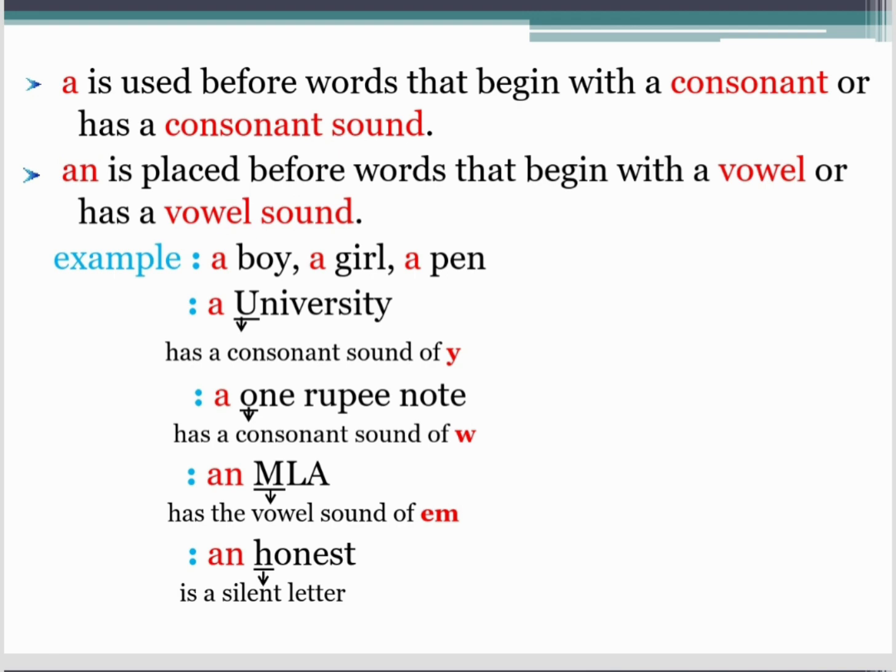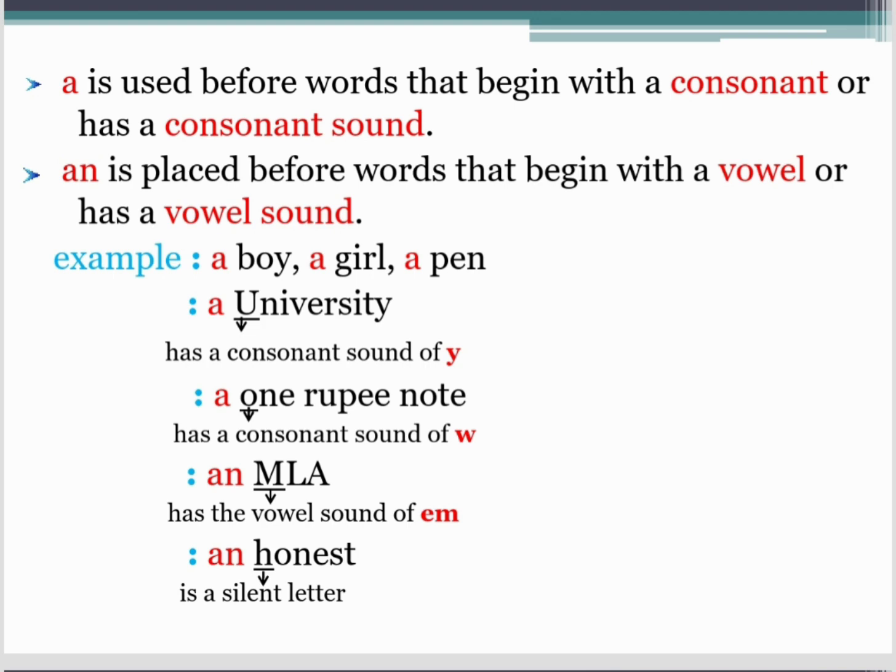A is used before words that begin with a consonant or which have a consonant sound, while an is placed before words that begin with a vowel or have a vowel sound.